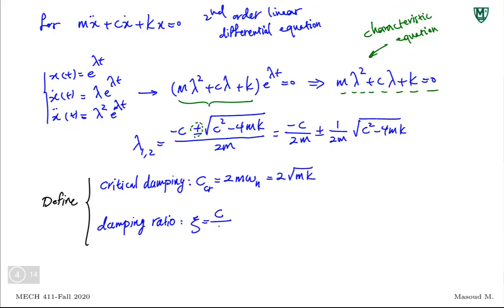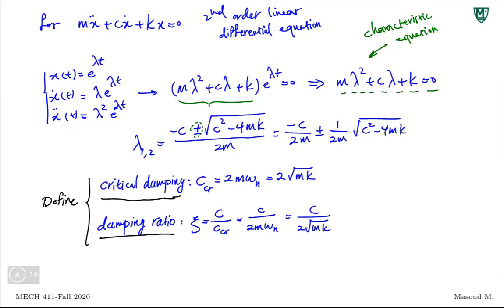It's C over C_cr. You can replace C_cr with 2m omega n, or C over 2 square root of mk. So I introduced these two concepts. Keep them in mind: critical damping and damping ratio.